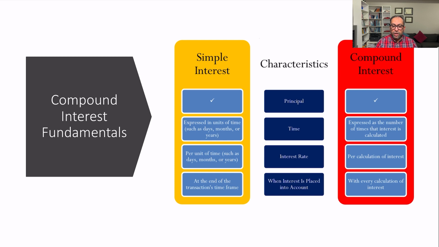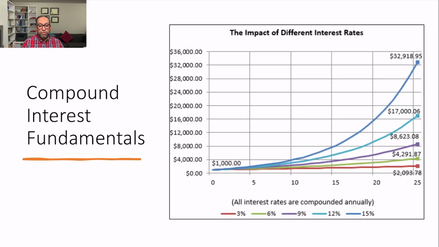Interest rate per calculation of interest means per time period. At the end of the transaction time frame, the interest is placed into the account with every calculation of interest for compound, and in simple at the end of the term.